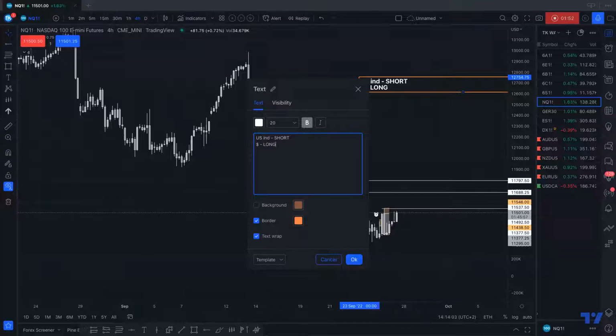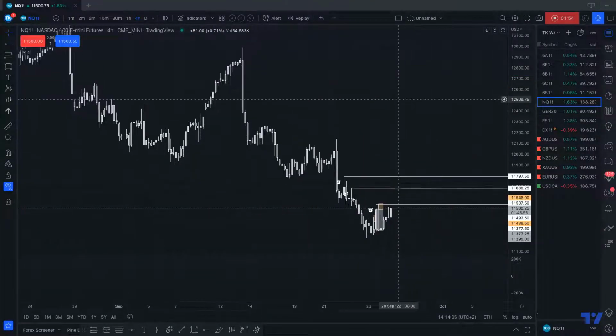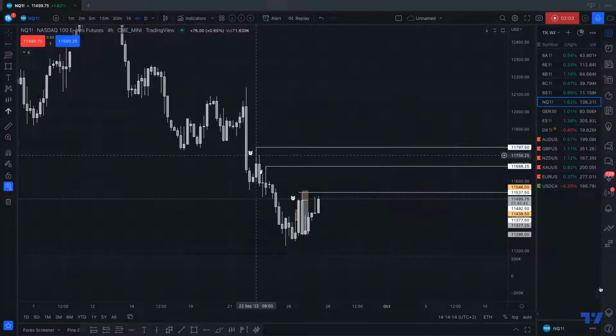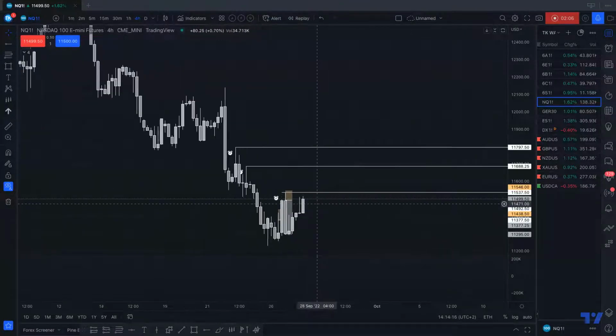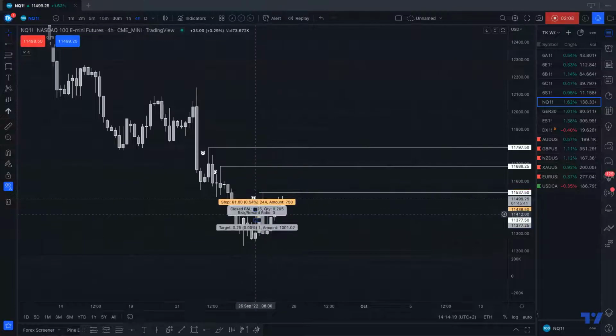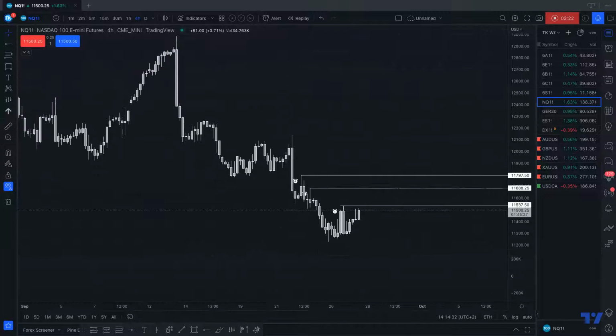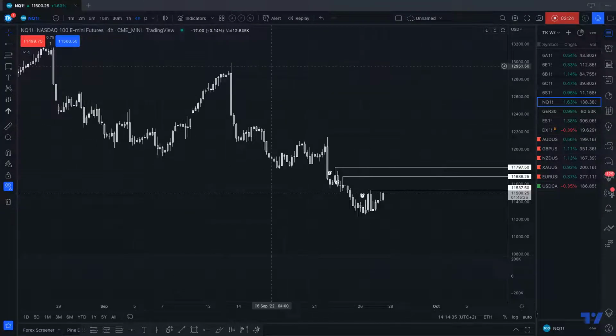Okay, so let's start on Nasdaq, and as you can see, these are all lines I drew last week, and these are all liquidity zones. So they all are good for us because they give us the possibility to align with the main target, which is, as you can see, short.